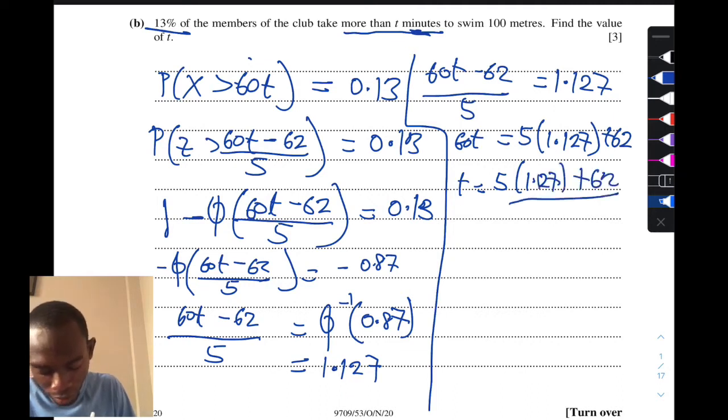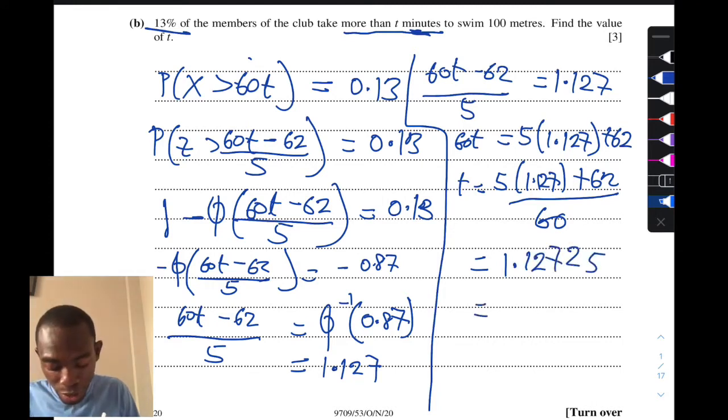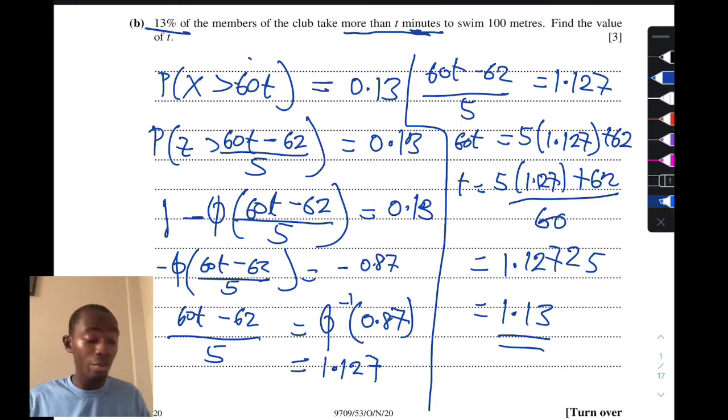Then let's see what the calculator has to offer. 5 times 1.127 plus 62, all over 60. Great. And the calculator says the answer is 1.12725. Basically, Cambridge will be interested in maybe 3 significant figures. So t is 1.13. That's cool.